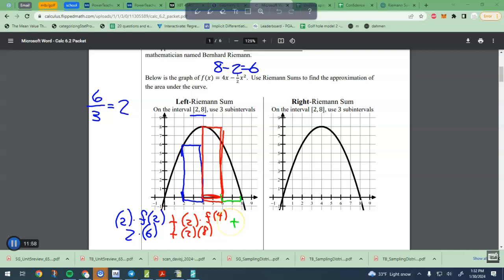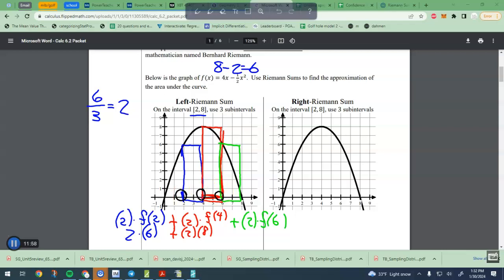Then 1 more. So then I got this green one. I'm going to go to the left-hand side of that end of the interval, up, and pretend that's the height the whole time. And the area of that rectangle is 2 times f of 6. So you use the left-hand parts of each rectangle.